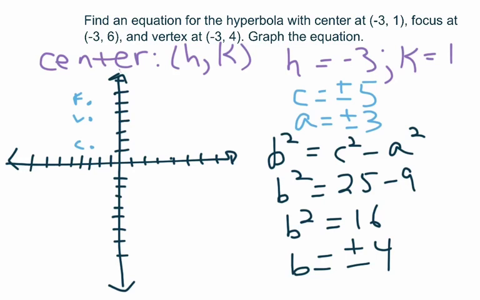We can also plot some of the other points that we're able to determine from our given information. Since we know our center is at -3, 1, and our vertex is at -3, 4, counting down 3 units will give us the next vertex. So we'll have a vertex at -3, -2. We'll also have a focus at -3, -4.